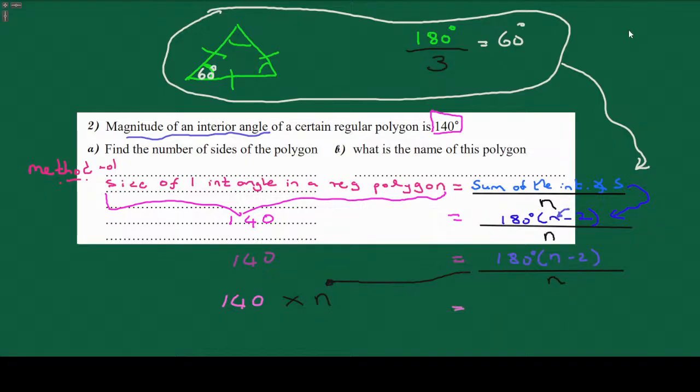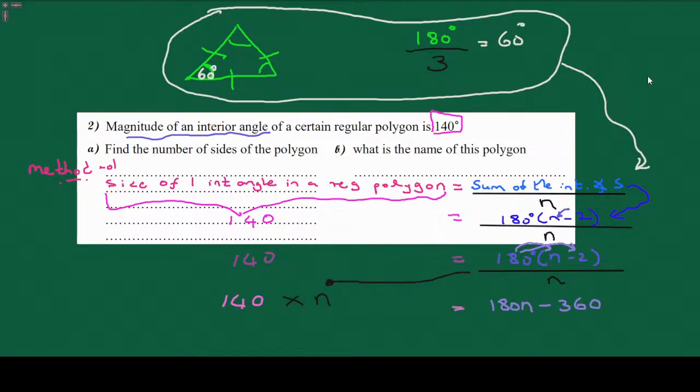And in the numerator we'll remove the brackets. 180 times n is 180n. Then 180 times minus 2 is minus 360.